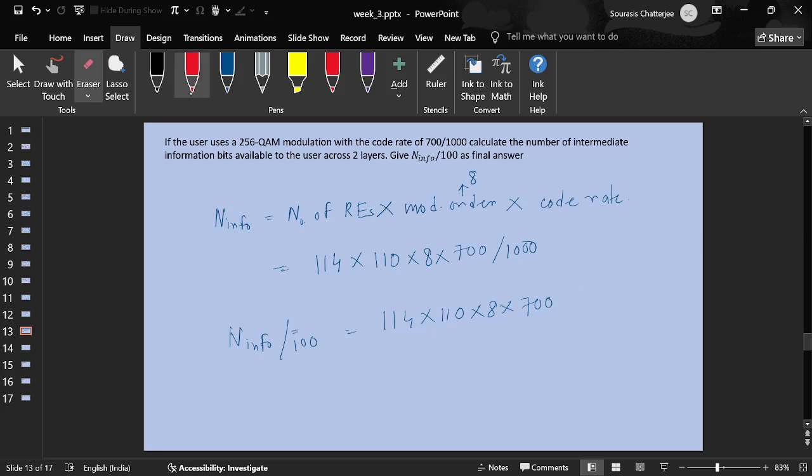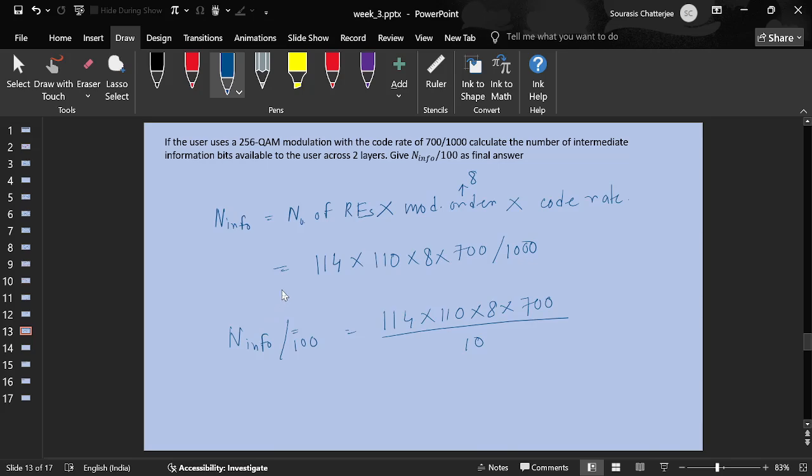Sorry about the mistake. Okay, I think it's not divide by 10, right?